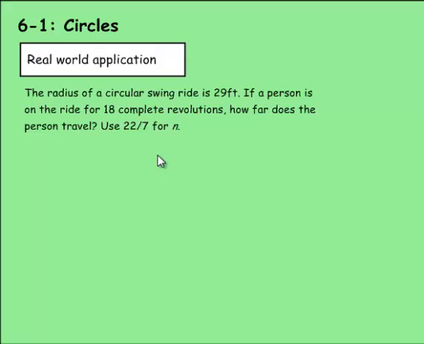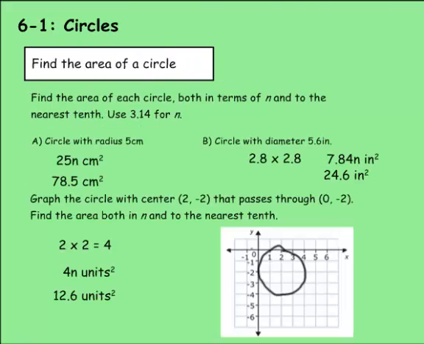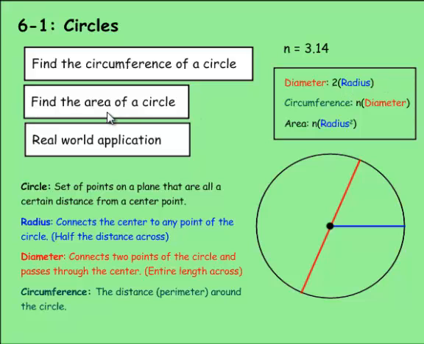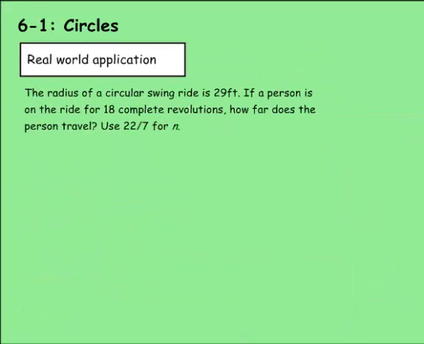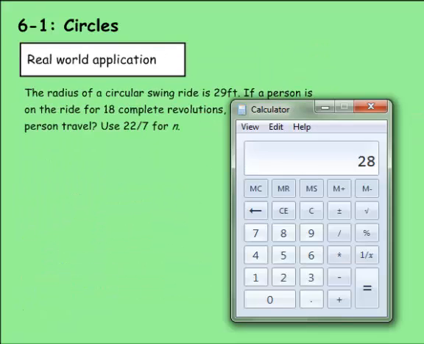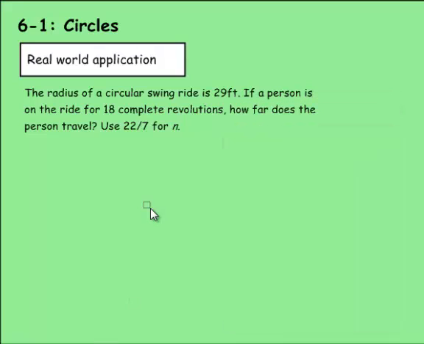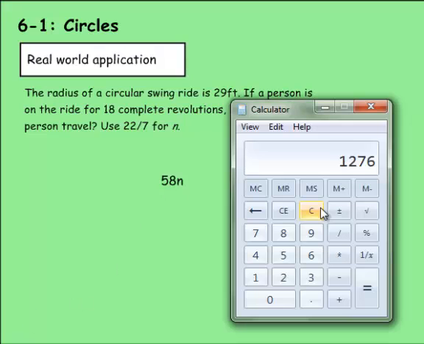So first we need to find the circumference, which would be 1 revolution, and then we need to multiply that times 18. So the radius is 29. I know that diameter is 2 times the radius. So we do 29 times 2, which is 58. So 58 times pi would be the circumference. So 58 times 22 over 7 would be 182.285.